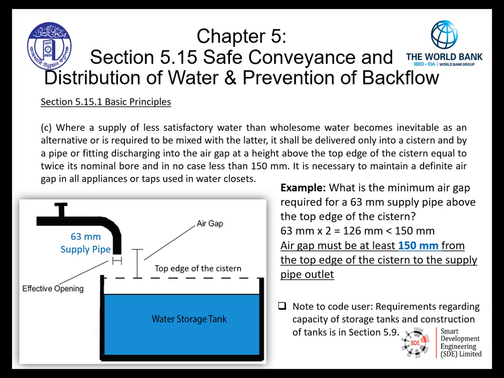5.15.1, item C, where a supply of less satisfactory water than wholesome water becomes inevitable as an alternative or is required to be mixed with the latter, it shall be delivered only into a cistern and by a pipe or fitting discharging into the air gap at a height above the top edge of the cistern equal to twice its nominal bore, and in no case less than 150 millimeters.